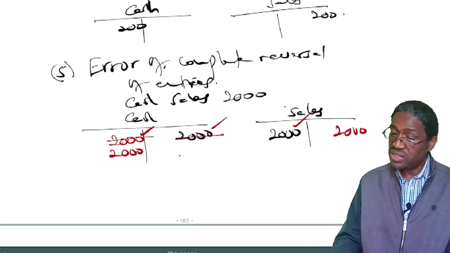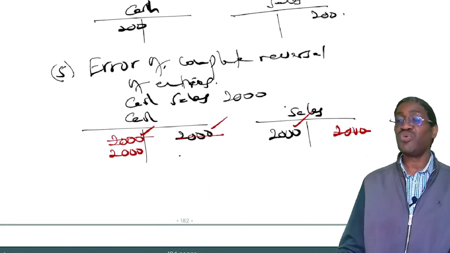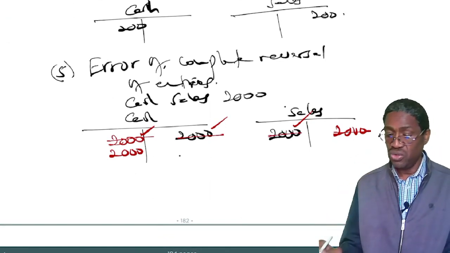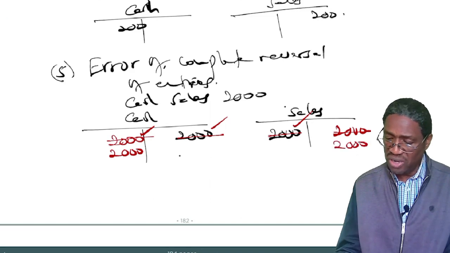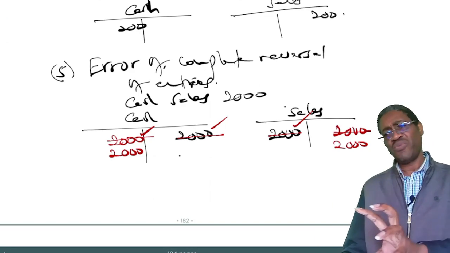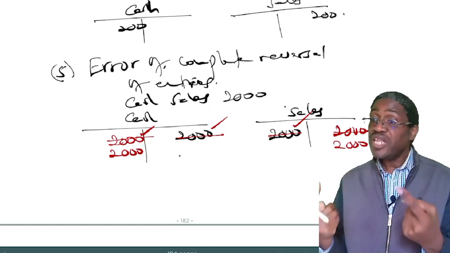Same to the sales. If you credit once only by 2,000, what have you done? You have only cancelled the debit here. But have you corrected it? No. So what do you do to correct it? You come and credit again. So we are saying for a complete reversal of entries, if you want to correct that error, you double the amount.